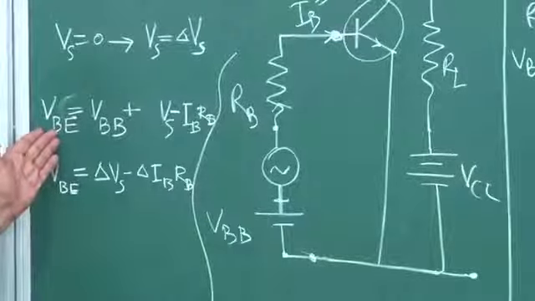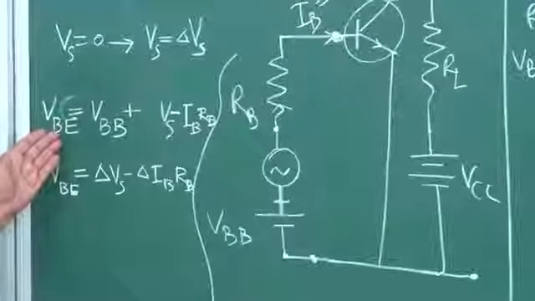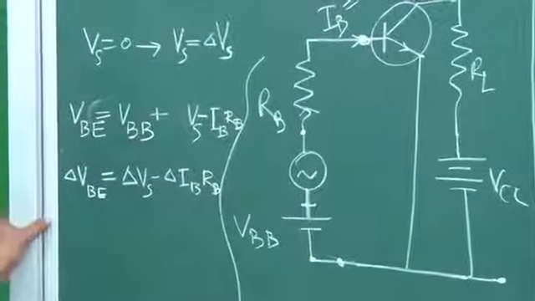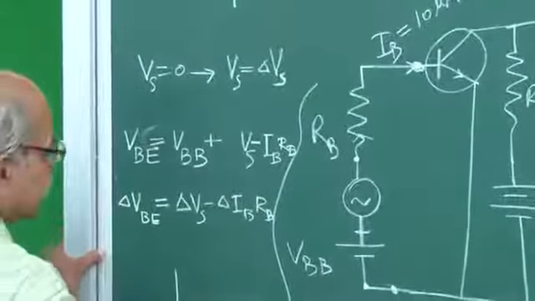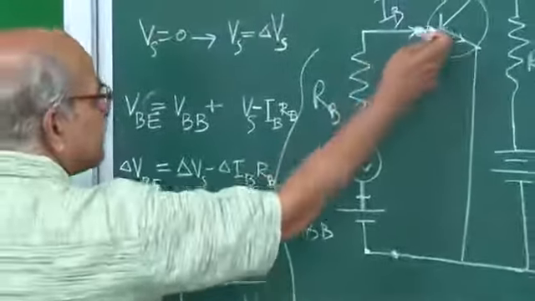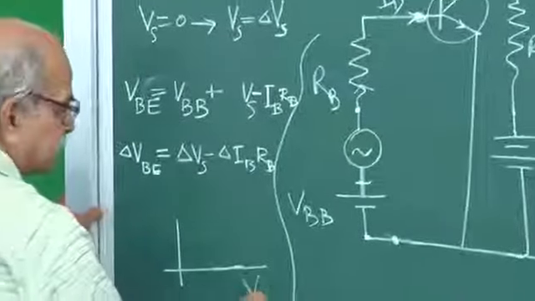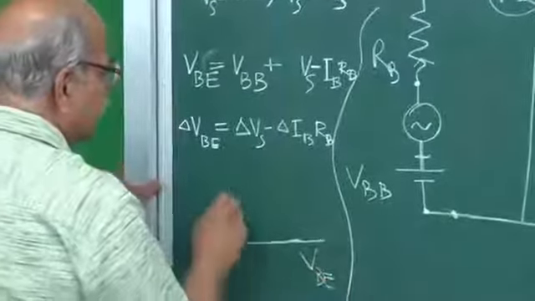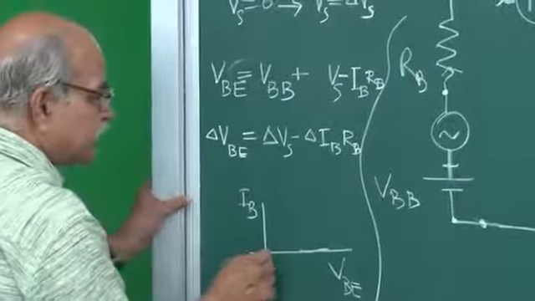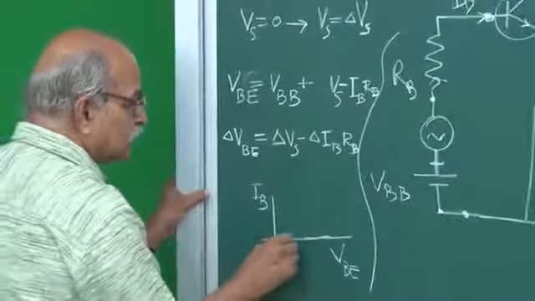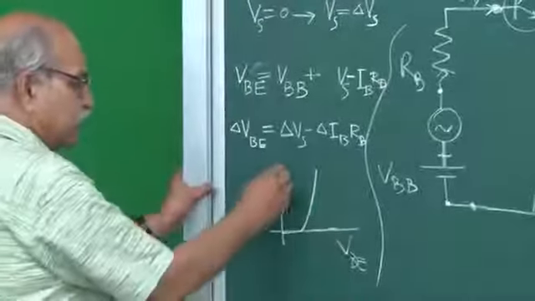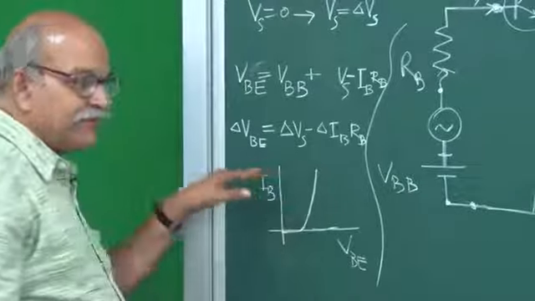Now this VBE you cannot really change much. Why? Because if you remember, the characteristic is of a PN junction, and in this case the base emitter junction, input characteristics with VBE here and IB here. It is just a PN junction, with values of IB in the microampere range.